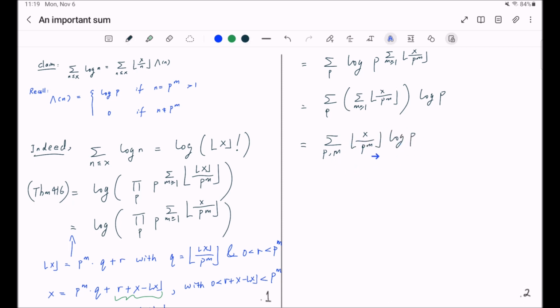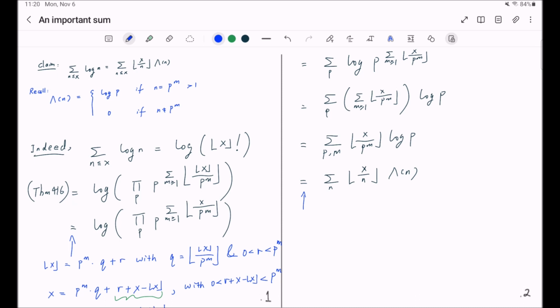And now, as a last step, we make the following important observation. We claim that this sum is precisely the sum we want: the summation over all n of the floor of x over n times lambda of n. Why is this true?